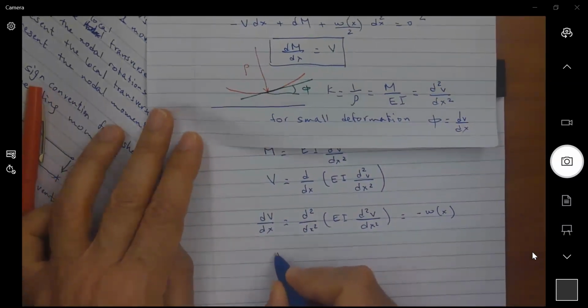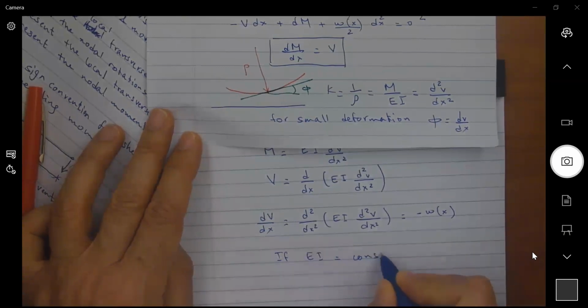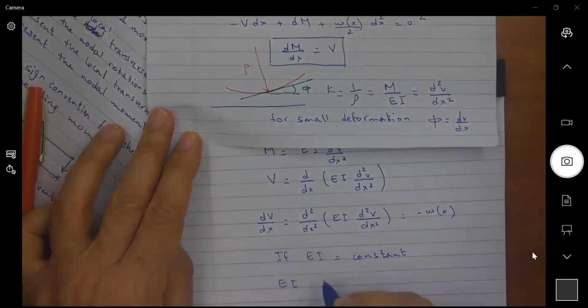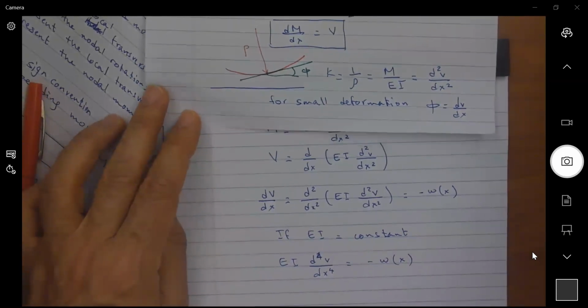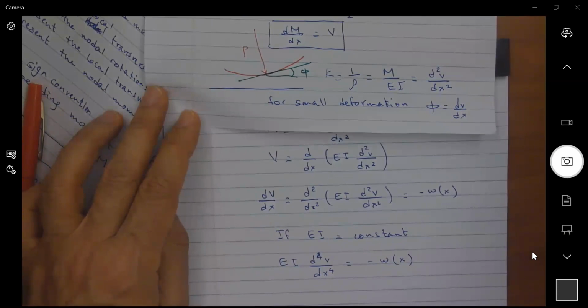If EI is a constant, we can pull it outside and say that EI d4v by dx to the power 4 is equal to minus W of x. So this would be the beam differential equation should EI be constant.